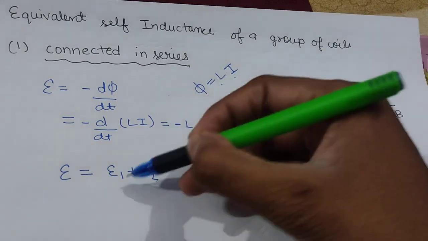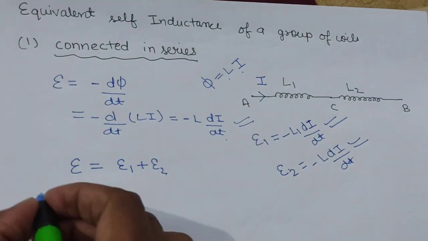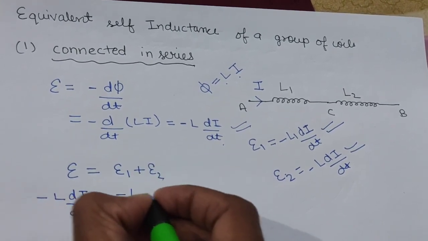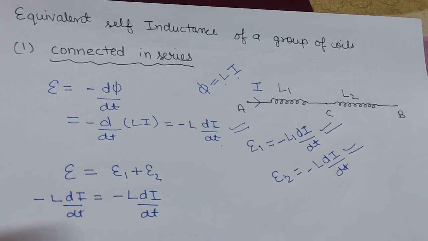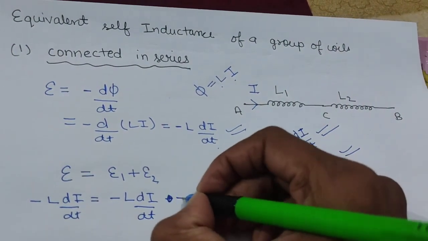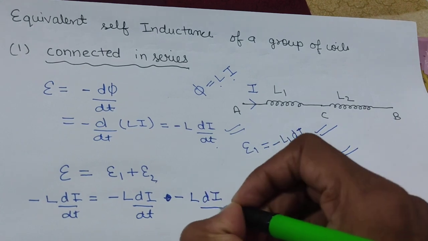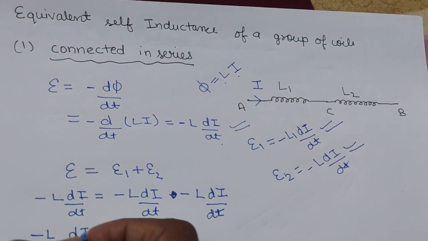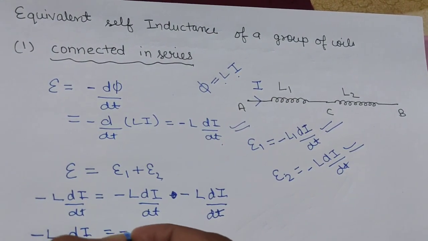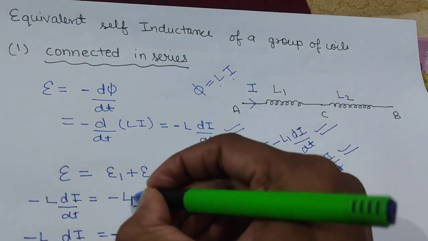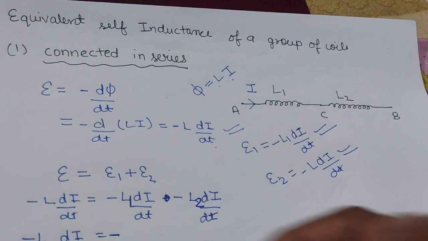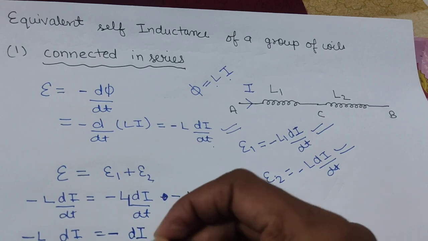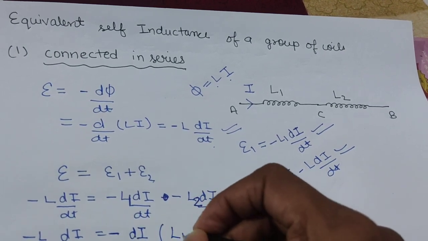Put the E1 and E2 values here, and the E value here. So minus L di by dt equals minus L1 di by dt minus L2 di by dt. Now take the minus and di by dt as common, so it becomes L1 plus L2.